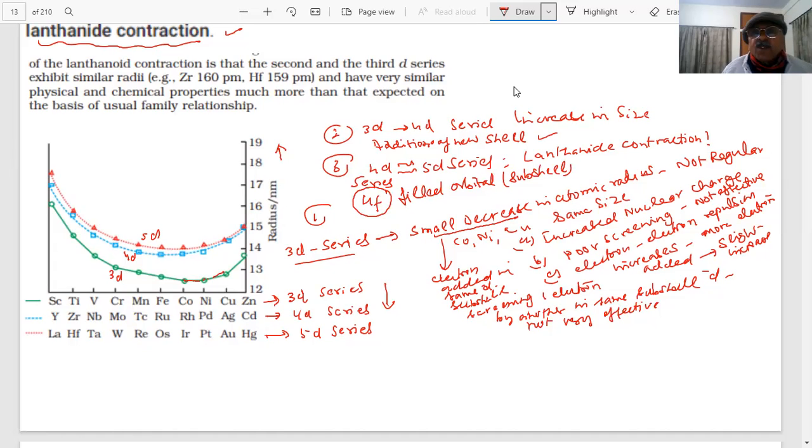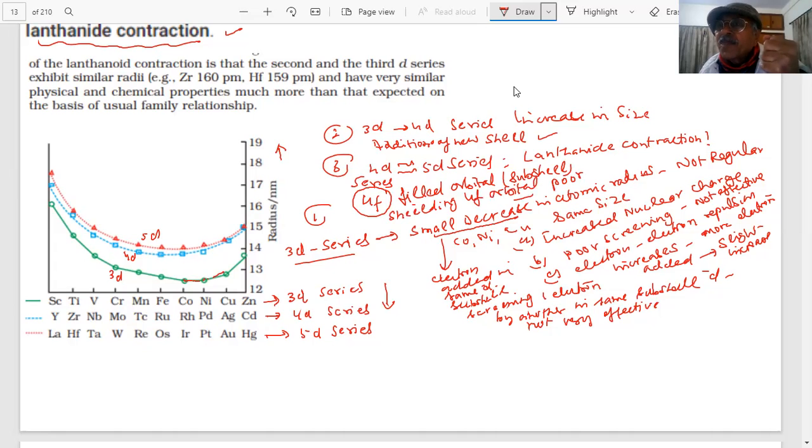The 4f orbital becomes completely filled, and the shielding of the 4f orbital is poorer. The shape of the 4f orbital is such that it is poor at shielding.